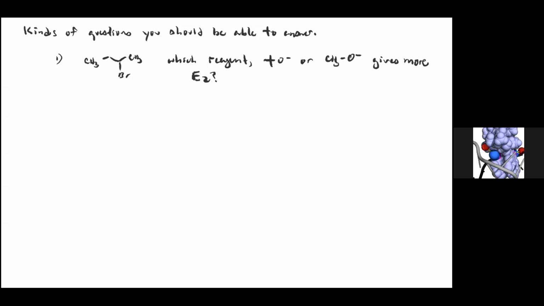But then certainly questions that refer to the structure of the substrate. So for example, if you were considering these two substrates, 3-bromopentane and 2-bromobutane, which one would you expect to give a higher percentage of elimination product when you treat with, for example, methoxide?